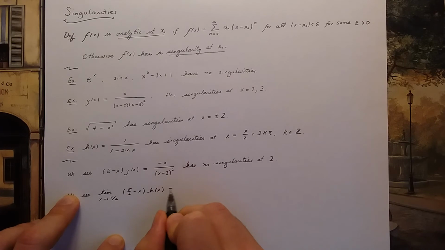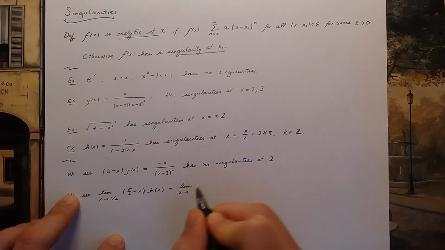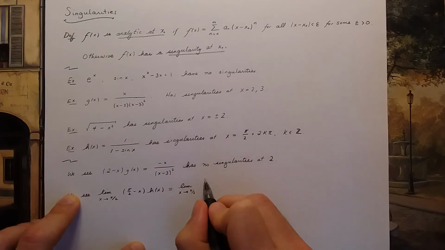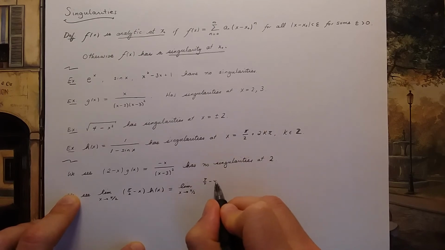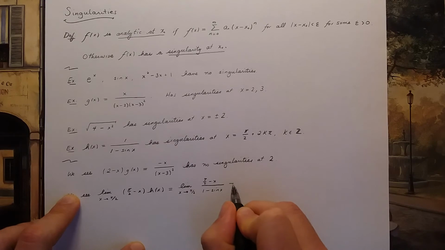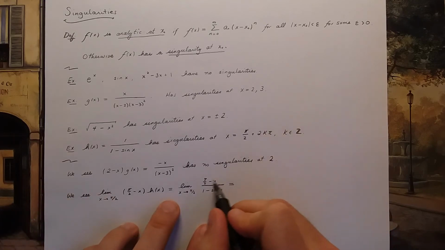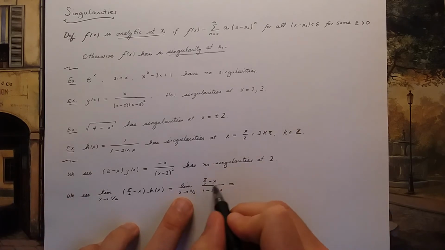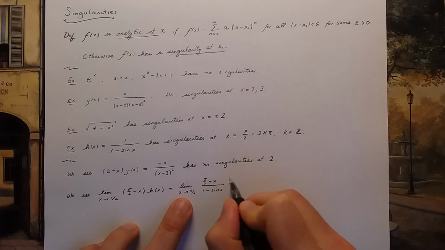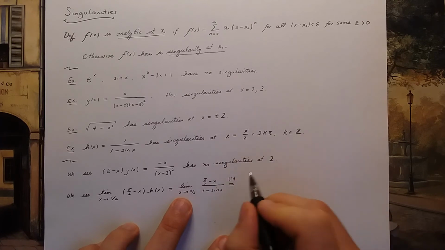If I do this, then I have the limit as x goes to pi over 2 of pi over 2 minus x divided by 1 minus sine x. If I take the limit as x goes to pi over 2, this goes to a 0 over 0 form of a fraction. That allows me to employ L'Hopital's rule.